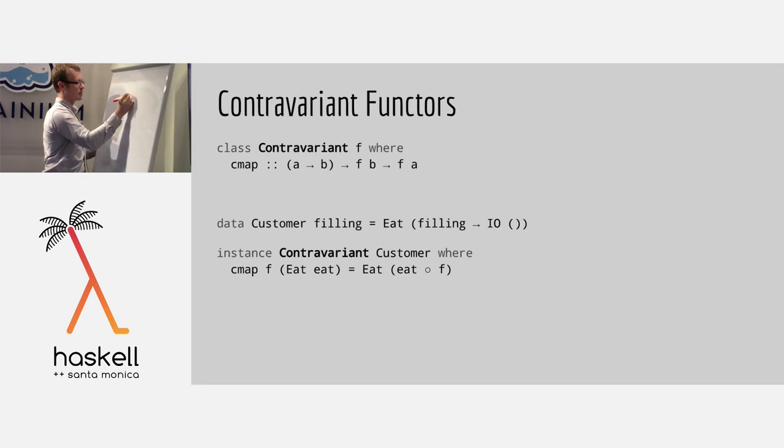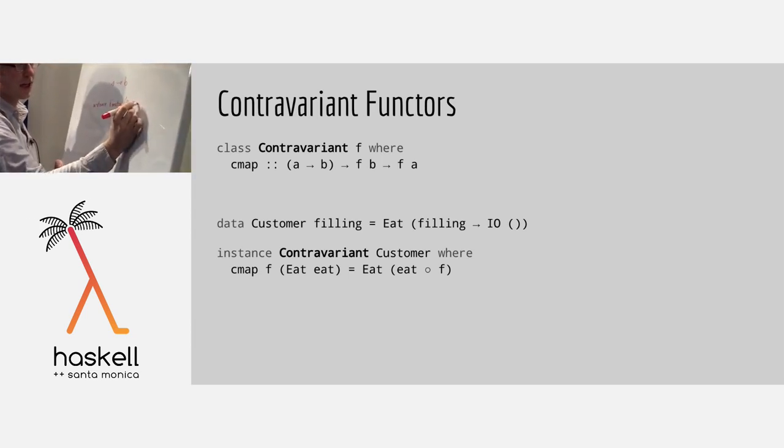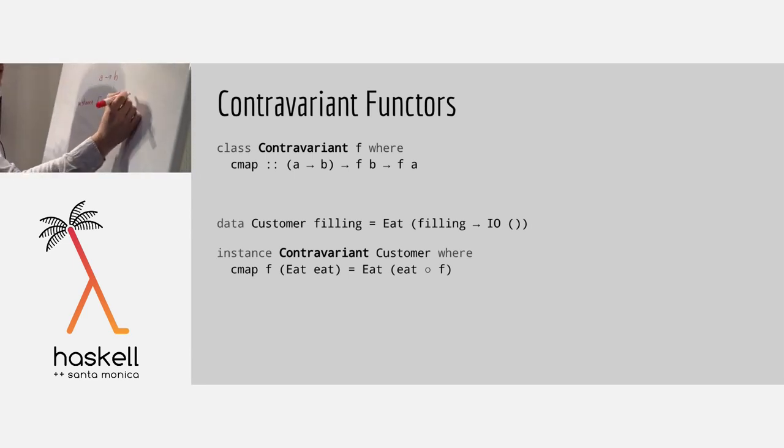So I have A to B. Let's say I want to write an instance of functor for the second argument. We fix the first argument, and we want to show that it's functorial in this piece.